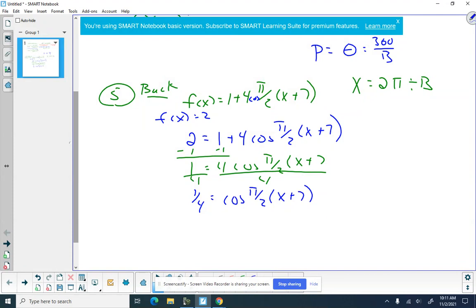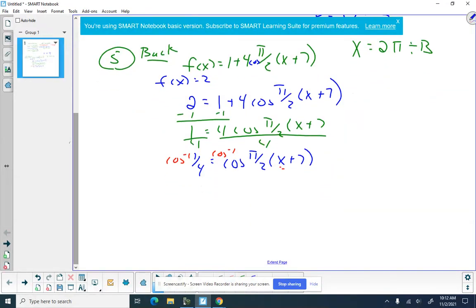What do we do to both sides to get rid of our cosine? How do we get rid of cosine? Inverse cosine. So once again, we are in x, so we need to make sure we're in our radian mode.